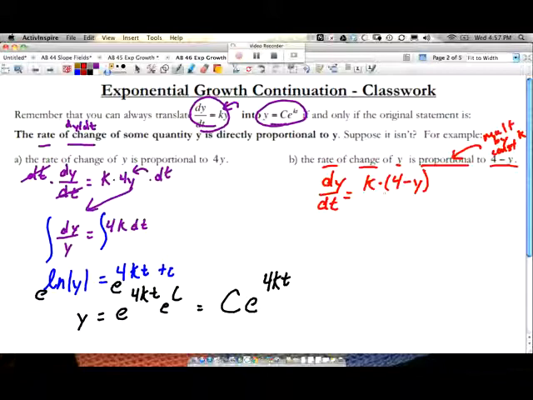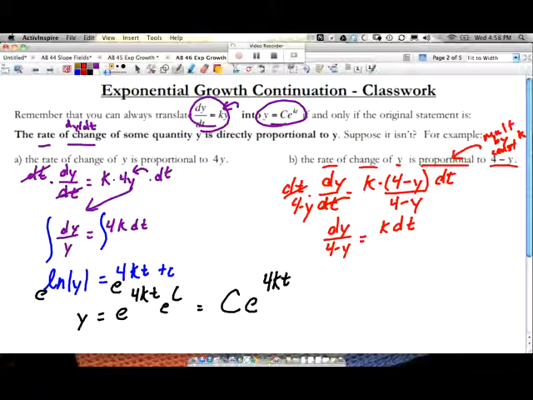Okay, so really, again, not too big a deal, but let's see how we would work around it. So let's get rid of the dt on the left side, move it over to the right side, and let's also divide by this 4 minus y because we have to move that over with the y over here. So we'd have dy over 4 minus y equals k dt.